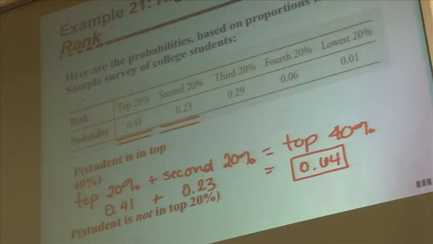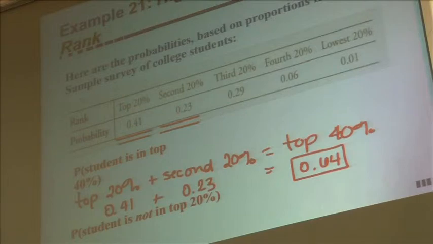subtract. Here's the fun fact to remember about probability distributions. They always add up to 1 or 100%. 1 and 100% mean the same thing. We're talking about probability. So, if you know the whole thing adds up to 1, and you want the ones that are not in the top 20%, you would do 1 minus the probability of being in the top 20%.